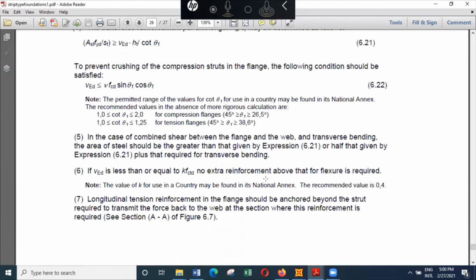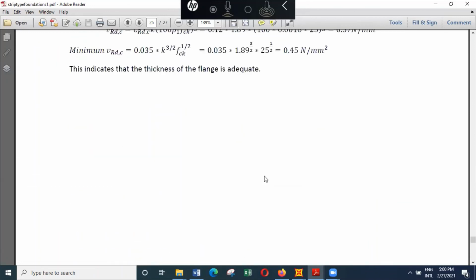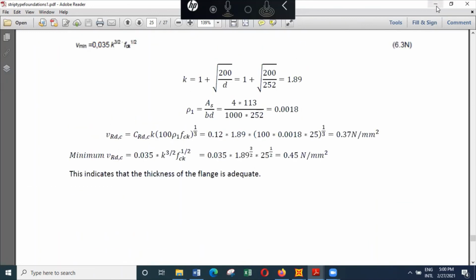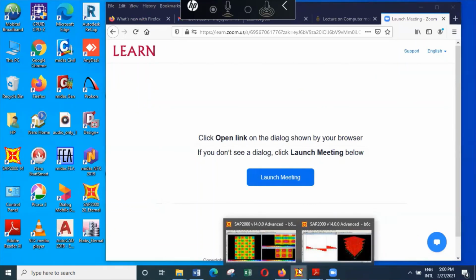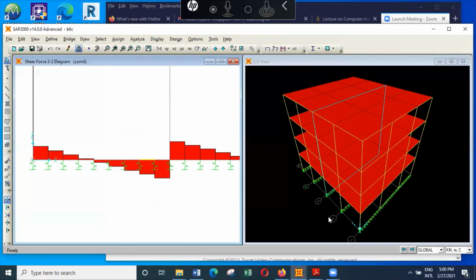So with that, you can see that inverted T-type foundations can be designed with modeling the whole structure and then representing the foundation as a set of springs, spring supported inverted T-beam. And then, if you want, you can extend it in the other directions as well. And if you want, you can convert it to a raft foundation as well. So we'll discuss those variations next time.